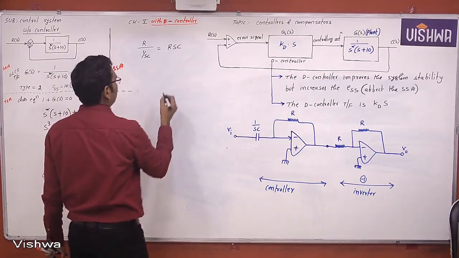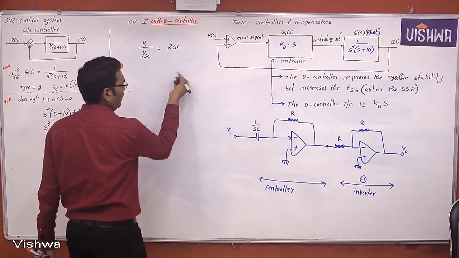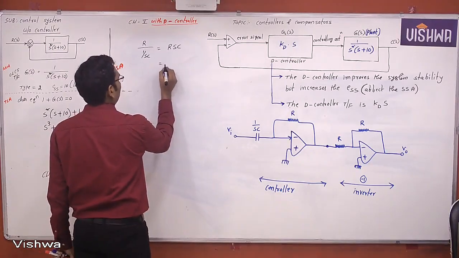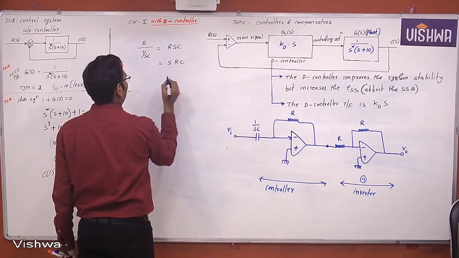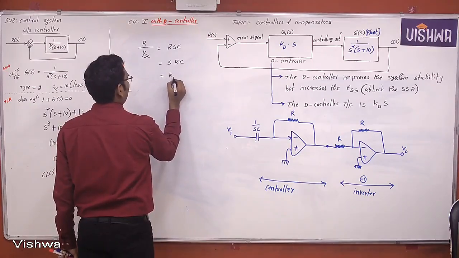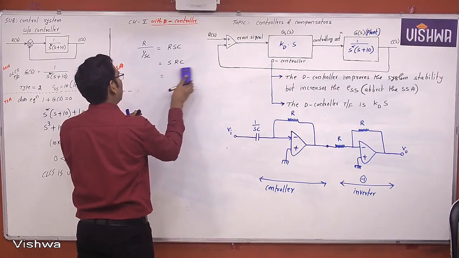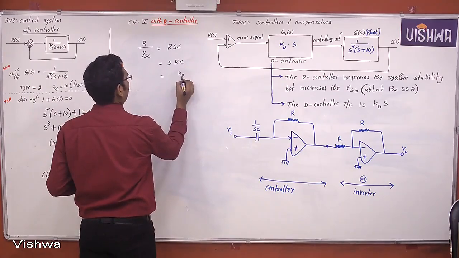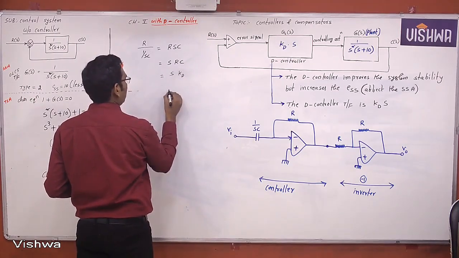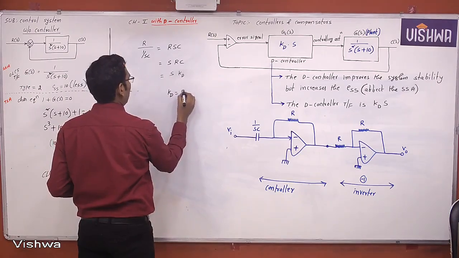So can I write this? Now S into RC. But what is the transfer function? KD into S. So what is KD? KD is nothing but RC.